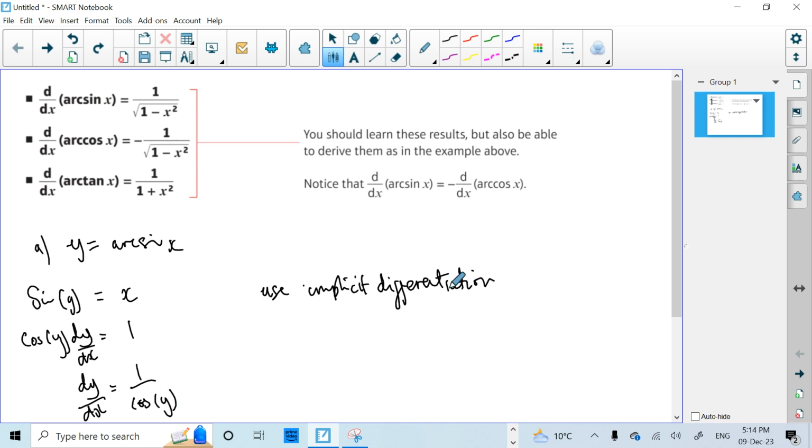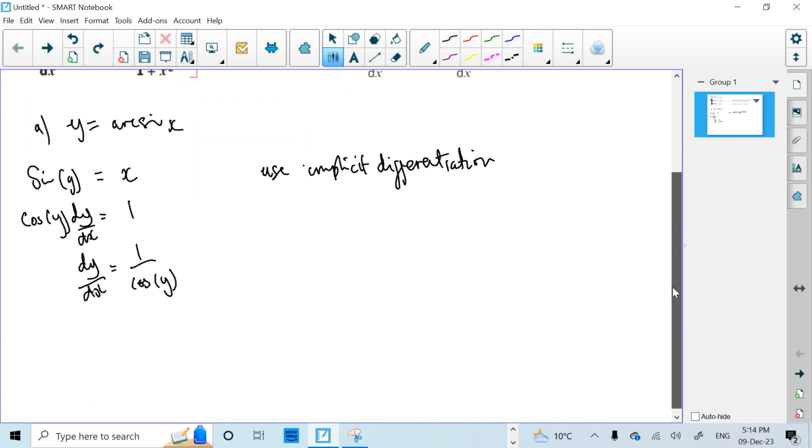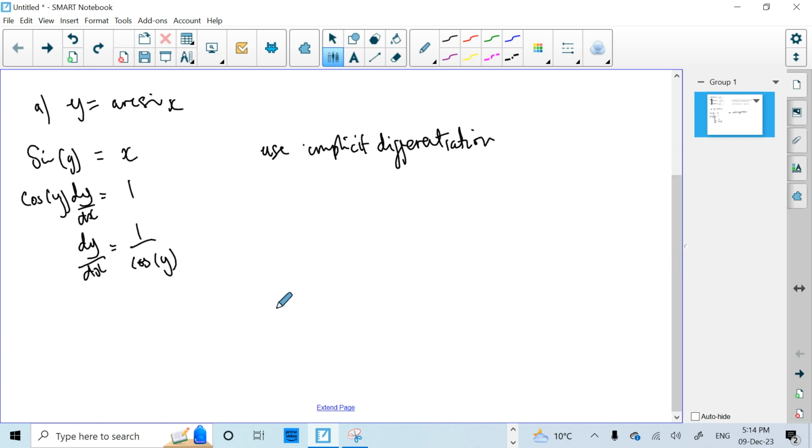But you can say, well, hold on, we need a link between the arcsin x that we have in the question and what we've attained as the cos of y. Well, now we're going to use a standard identity: sine squared y plus cos squared y is identically equal to 1.